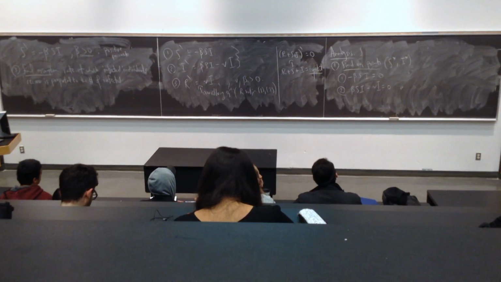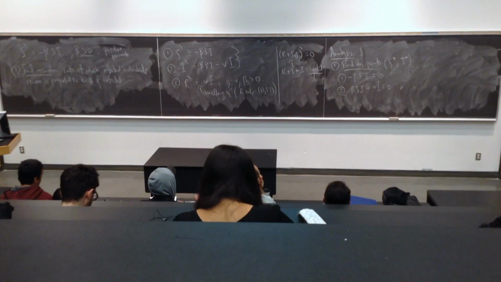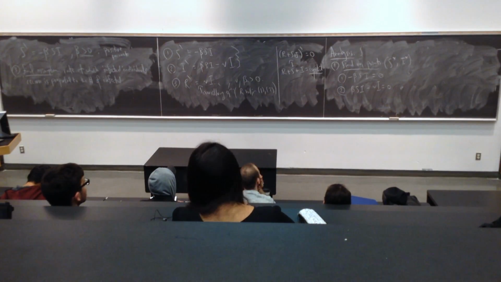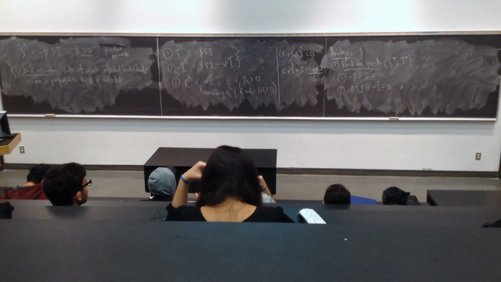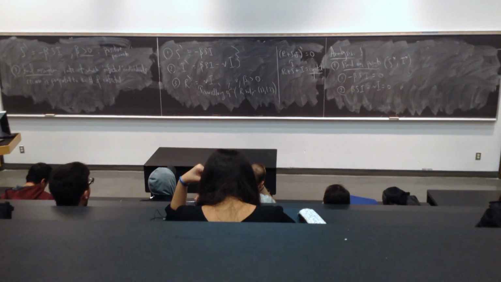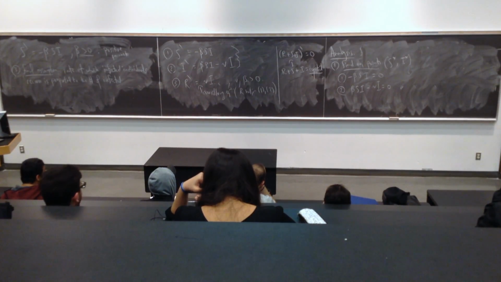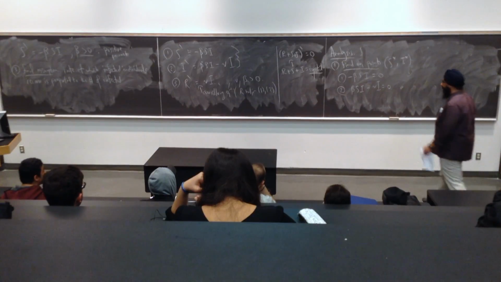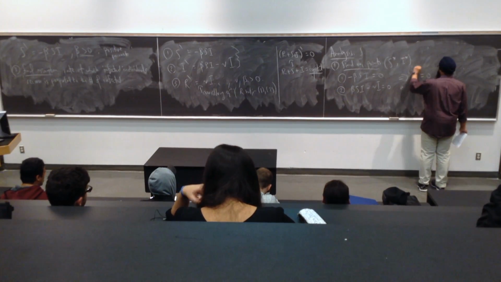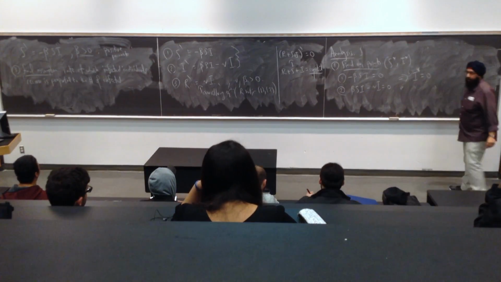No. What if I said I equals 0? Just I. Does it work? So irrespective of what S is, I equals 0 seems to be an equilibrium point for all values of S. So I actually have an infinite number of equilibrium points for this. I have a line of equilibria.